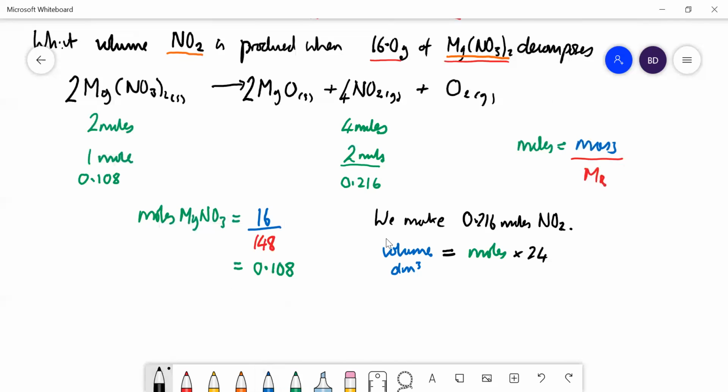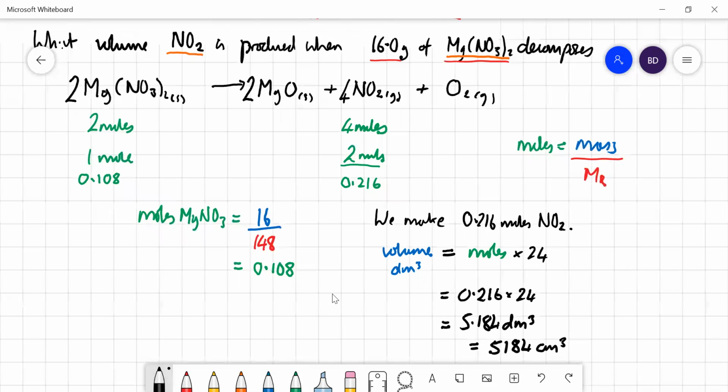So the volume is equal to 0.216 times 24, which is 5.184 dm cubed. If you prefer that in centimeters cubed, multiply by 1,000: 5,184 centimeters cubed of nitrogen dioxide gas. So that's combining the reacting mass calculations and these new gas calculations.